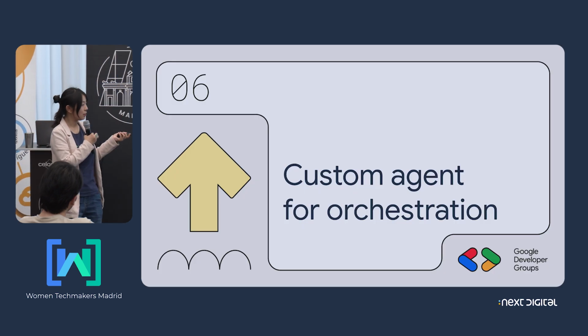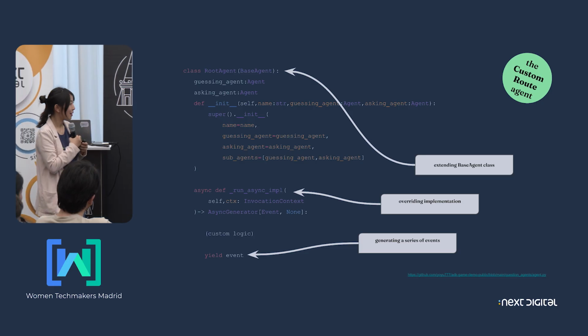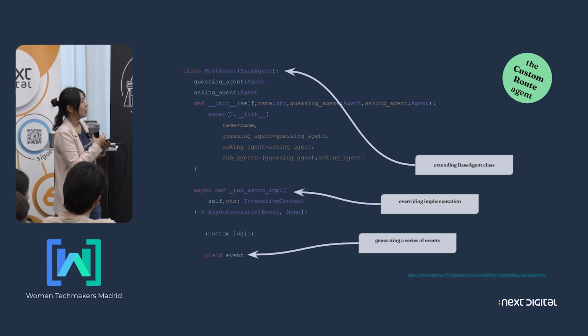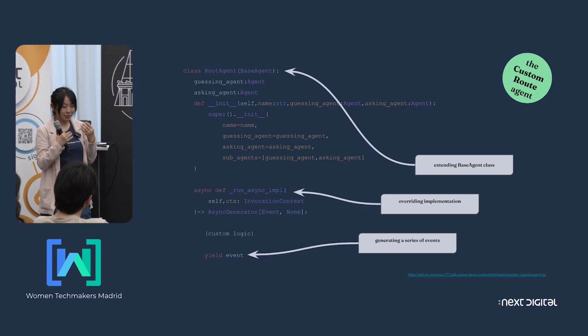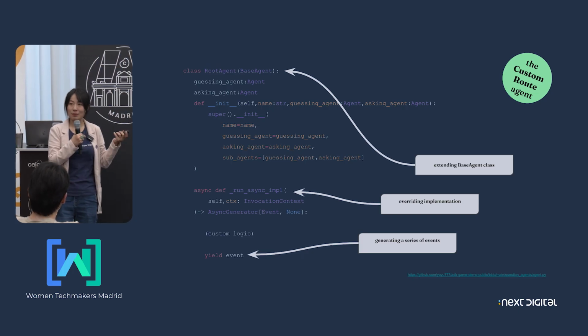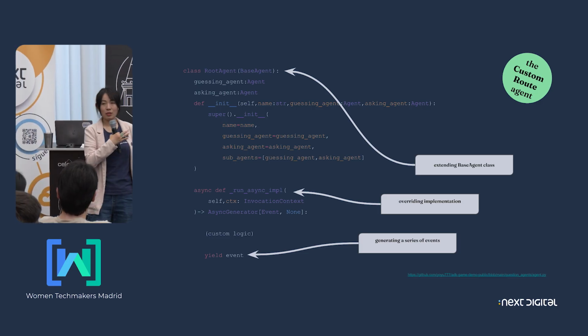The custom agent for orchestration is maybe a little bit more advanced than the previous one. The chances are, if you use ADK, you probably don't need a custom agent, but I'm just showing what you can do.